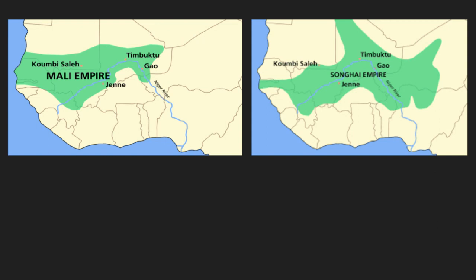These are river cultures that are formed along the river, and the river, in this case the Joliba or Niger, functioned as a kind of super highway that held the dynasties together and allowed transport of goods and information as well.